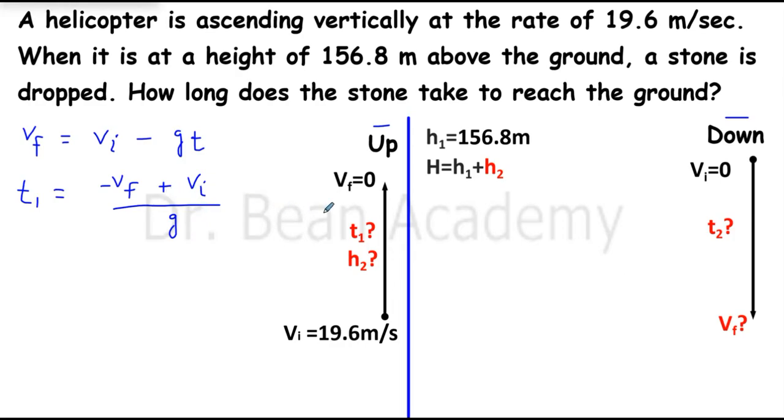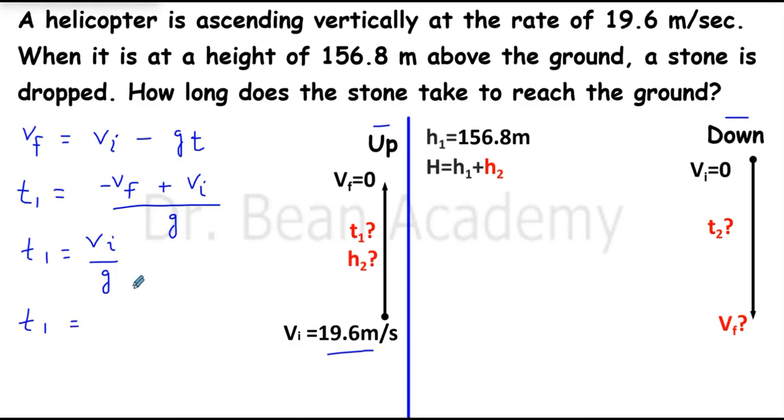So I know that for the upward motion, Vf is 0 and Vi is 19.6 meter per second. So this equation will become even simpler. T1 equals Vi over G. So I know Vi, so let me put the value.